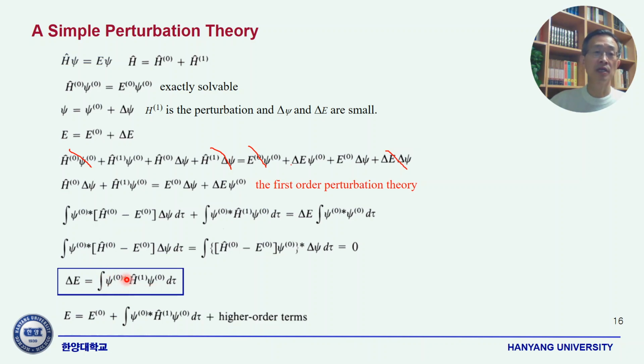So integral psi naught star H1 psi naught d tau, which is the expectation value of H naught in psi naught. I'm sorry, expectation value of perturbation H1 in psi naught. Yeah, delta E. So energy is now E naught plus the correction delta E, and maybe this is the first order term, and maybe higher order terms. Then you can get an accurate result.